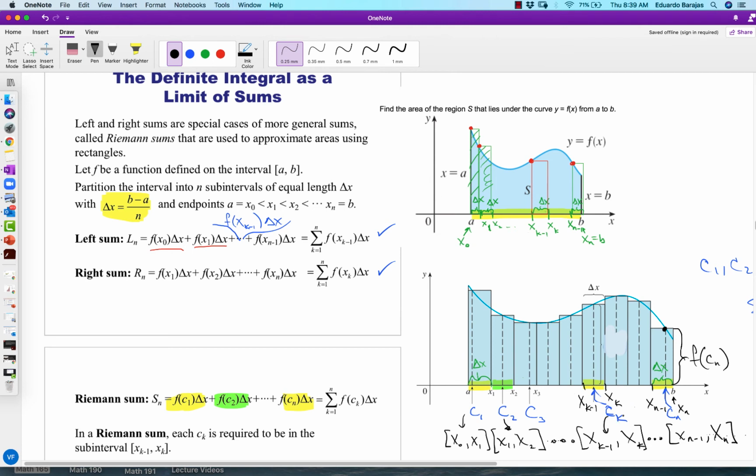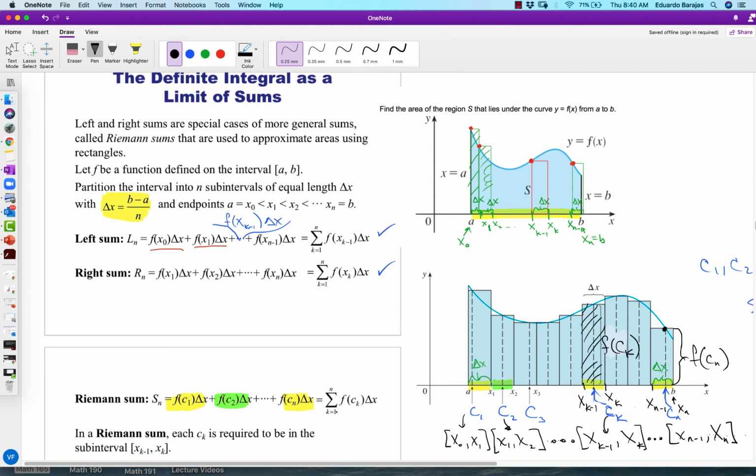Okay, so using this value in the center, that means the height of this rectangle would be f of c sub k, and so this middle rectangle would have the area that's the product of f of c sub k times delta x. And so now we can represent this sum of n rectangles using this notation.